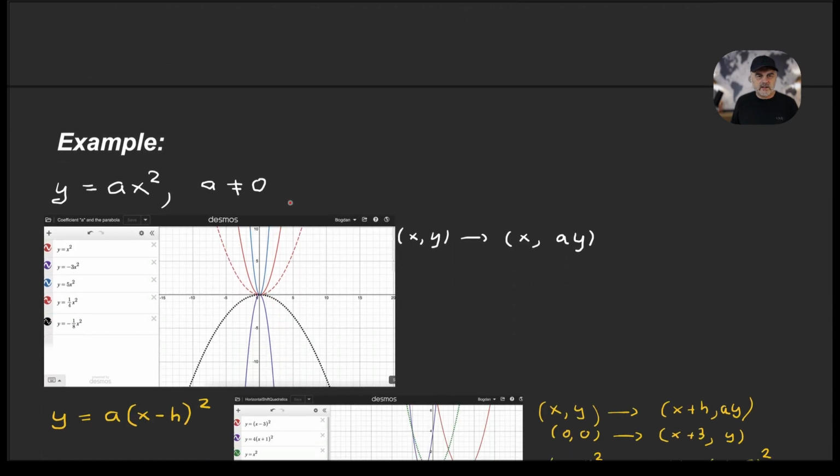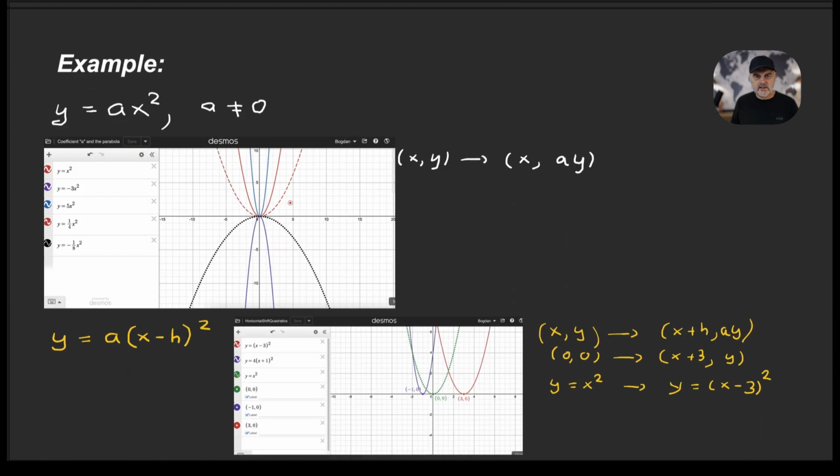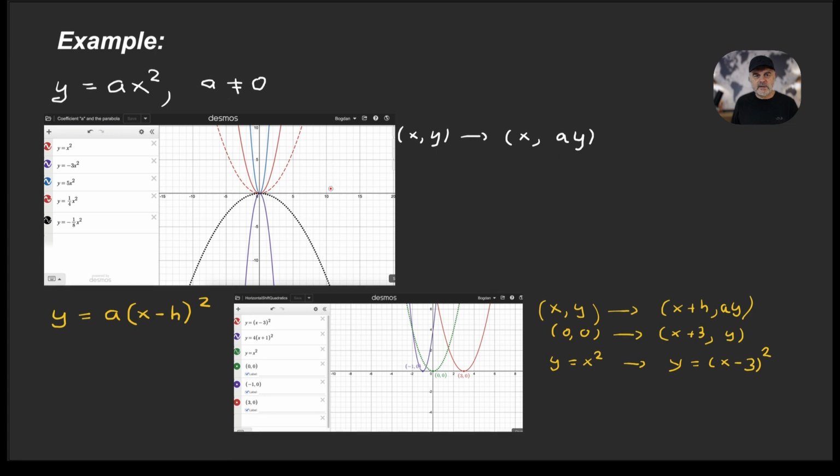So the first example that you see right here is about changing the shape of the parabola. The parent function is defined when the coefficient a, which is not equal to 0, is 1.